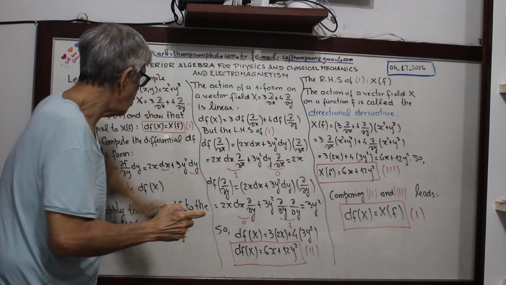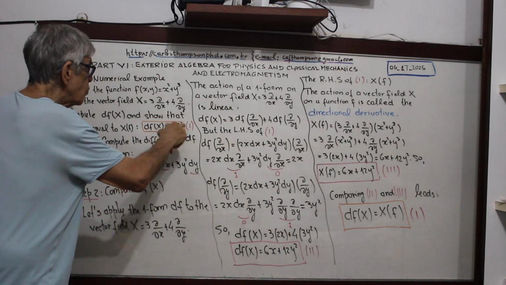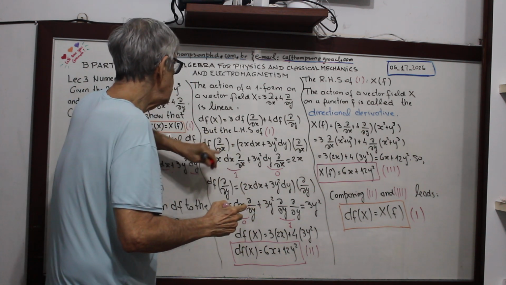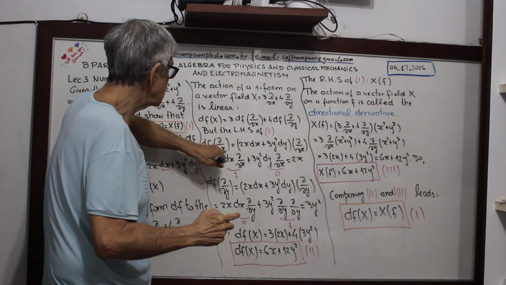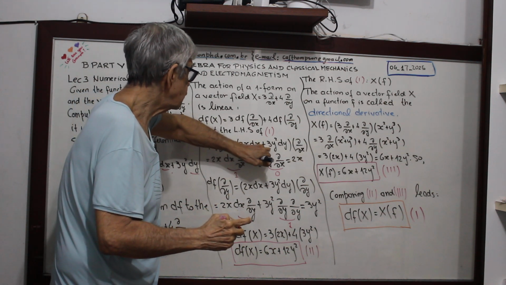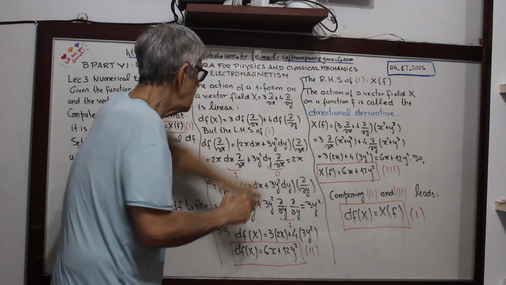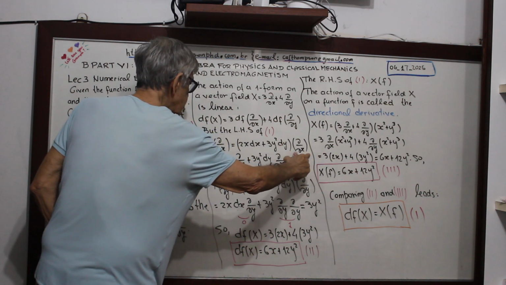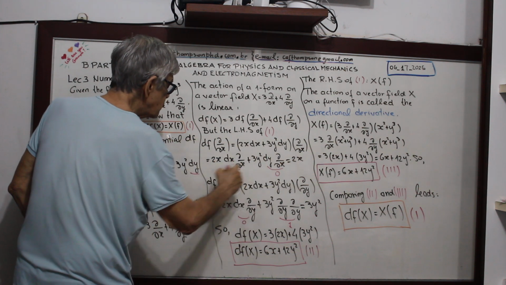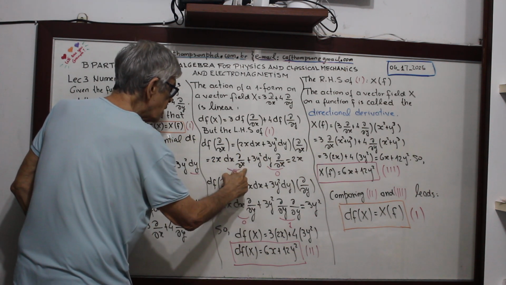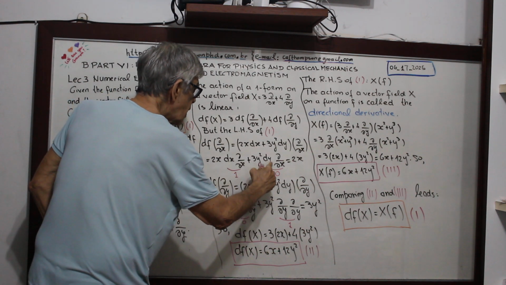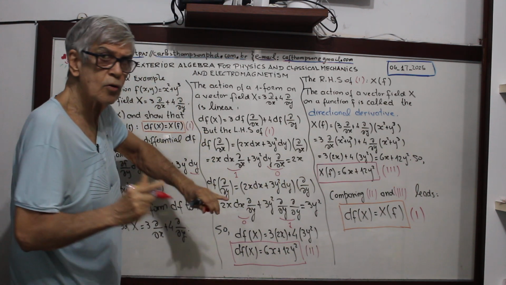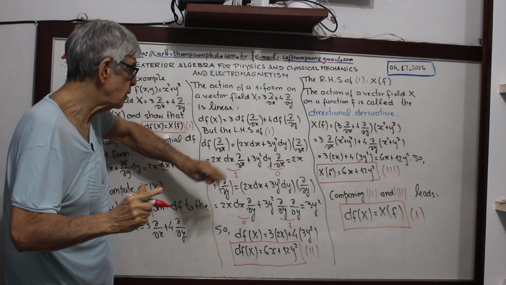The left hand side of 1, we can write clearly that df applied to partial x is 2x dx plus 3y squared dy applied to the scalar partial derivative with respect to x. Just to develop this, dx applied to partial derivative with respect to x is 1, and dy applied to partial derivative with respect to x is 0. Attention now, this is the Kronecker delta.